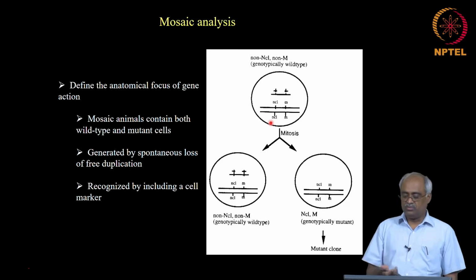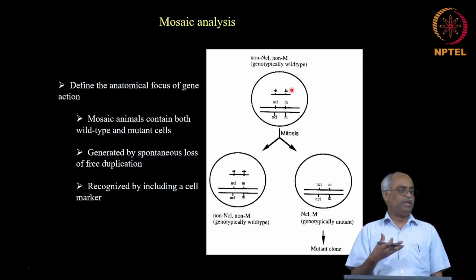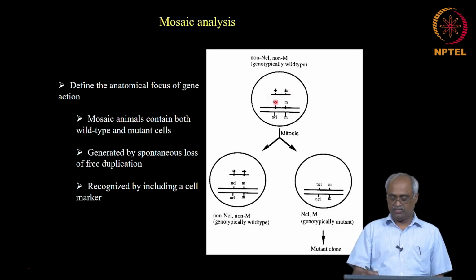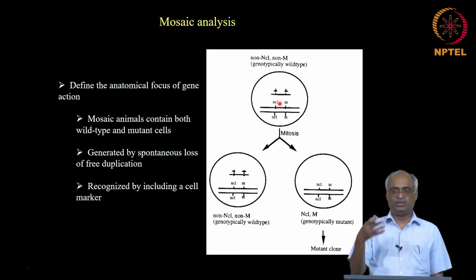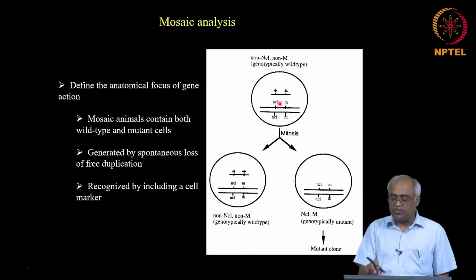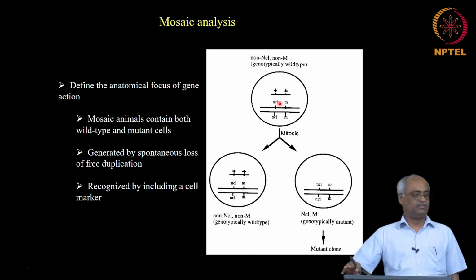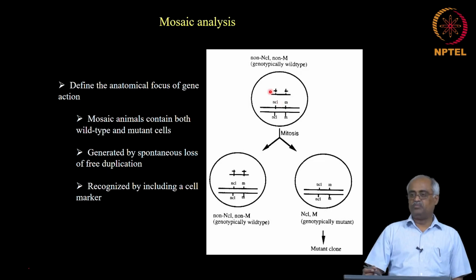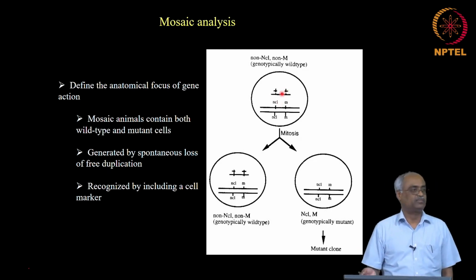Now, if I lose this duplicate, then that particular cell's nucleolus will be larger, because it is not going to have the wild type copy for this. Now I know the duplicate is lost, so that means my gene function also must be lost. Then I go and see what happened to that cell or what happens to the descendants of that cell. And this is random because this is extra chromosomal, it is not going to follow Mendelian inheritance.